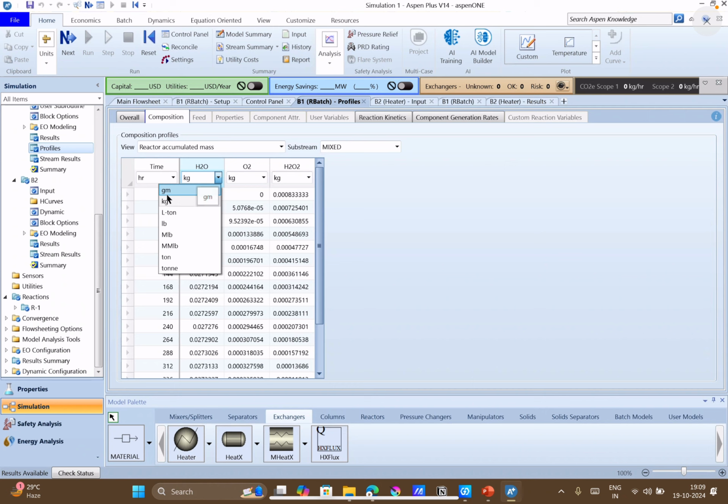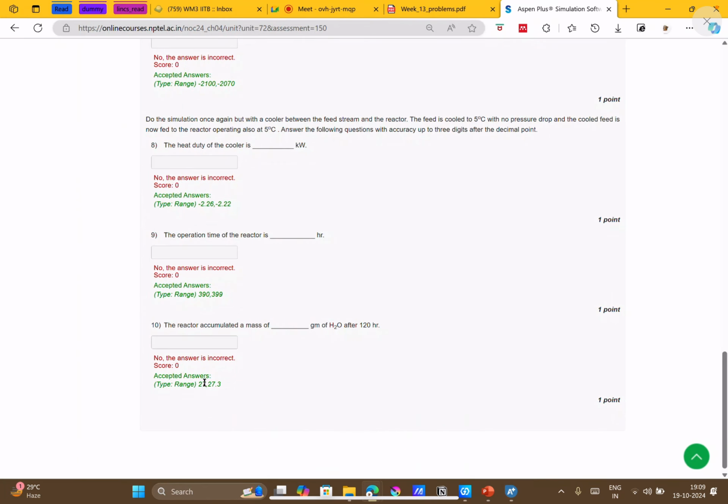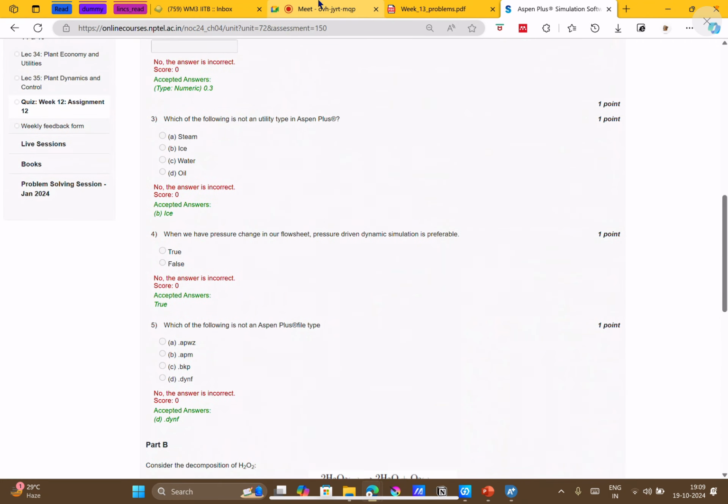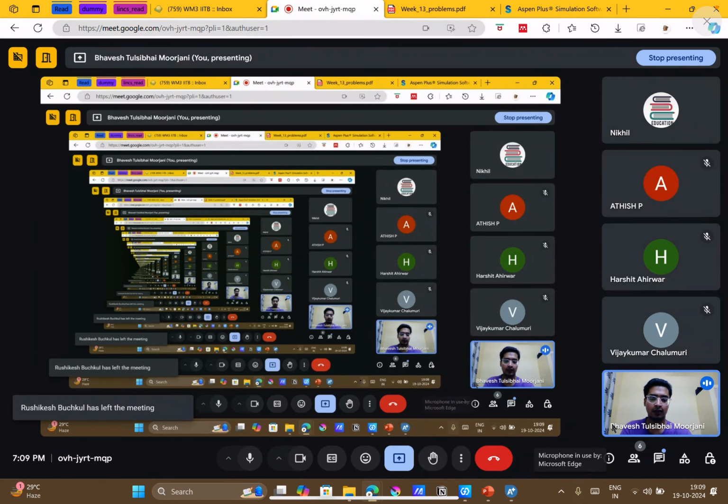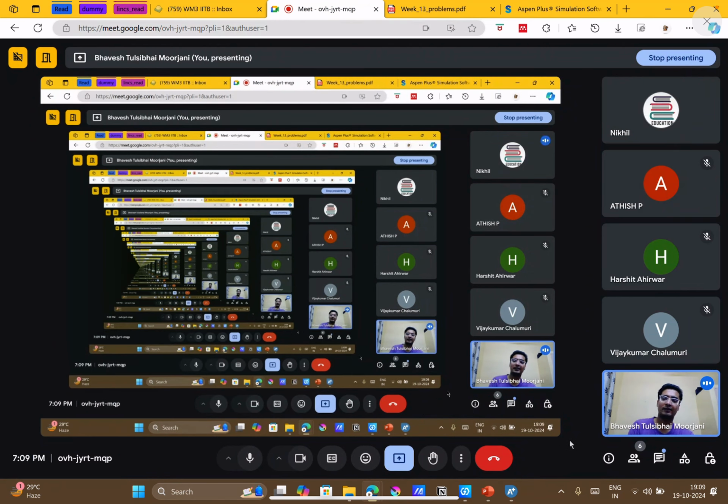So under the composition section we have to select the reactor accumulated mass, and the water accumulated at 120 hours is 27.16 gram. So our value is coming in the range. Okay, so this simulation is working. I hope it clears your doubt. Some of the messages you have to understand are not actually errors but kind of notes. You have to worry when results are available with warnings, the yellow marking and red marking, which indicate the level of warning.